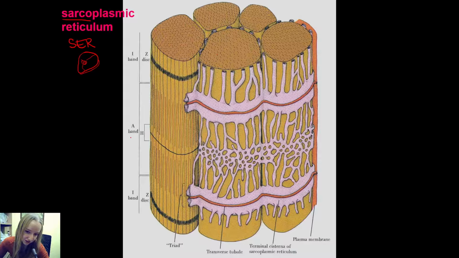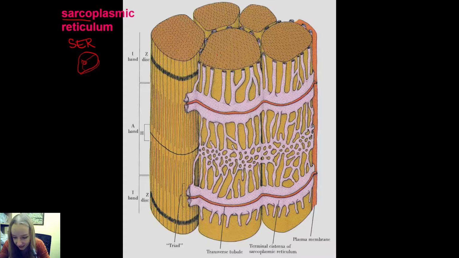You can have a look at these I and A bands and Z discs or Z lines over here, the H band over here, and around these myofibrils, as I told you, there is cytoplasm with organelles, and there is also smooth endoplasmic reticulum called sarcoplasmic reticulum, and it's very specifically organized in the skeletal muscle tissue.